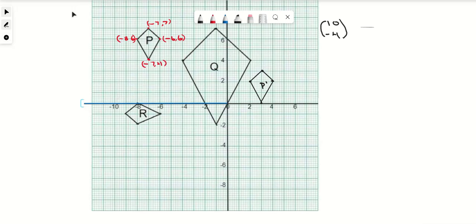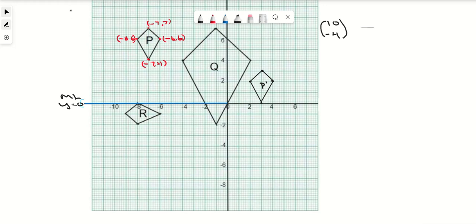So this line here is y is equal to 0, and that is also your mirror line. I'm just going to put ML for mirror line, the blue line. Now, what you're going to do to get your image of P along your mirror line is count how many spaces there are from one of the coordinates to the mirror line, and then do the same thing going backwards after your mirror line.